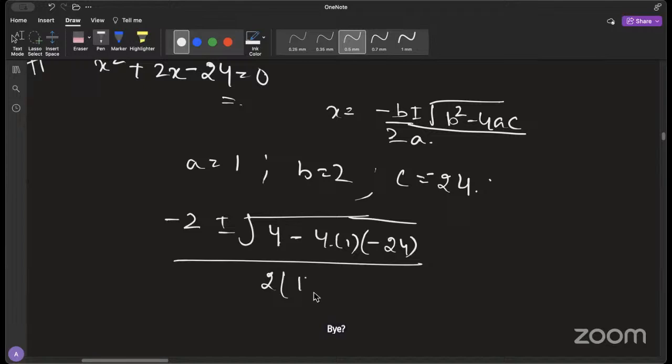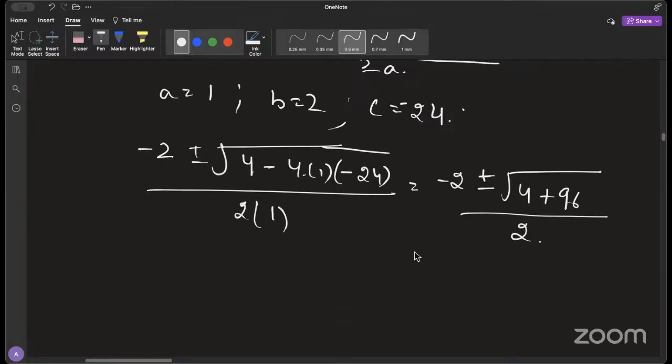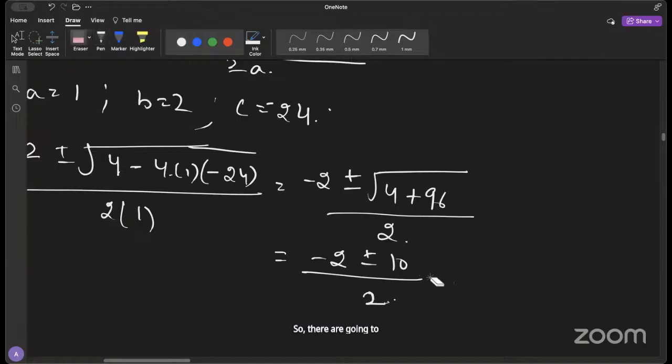by 2 times 1. So this gives you minus 2 plus minus 10 by 2. There are going to be two roots from here. One is minus 2 plus 10 by 2.